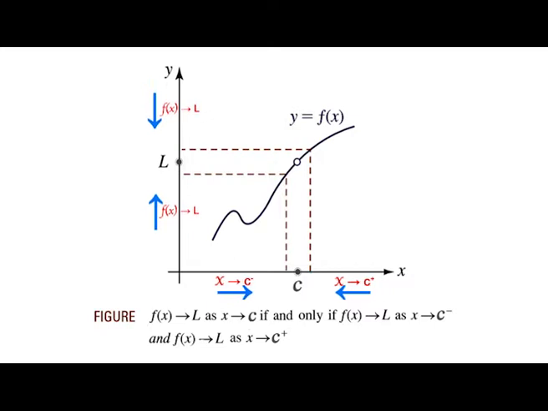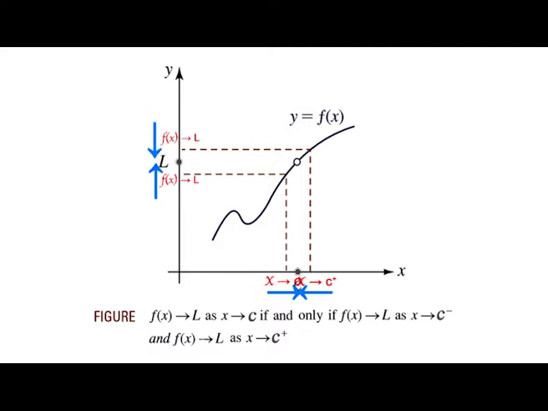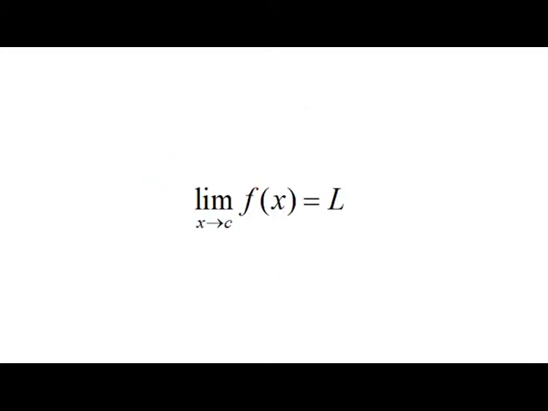If f of x can be made as close as we like to the number L by taking values of x sufficiently close to c but not equal to c from both the left and right sides of c, then we write limit of f of x as x approaches c is L, which is read limit or two-sided limit of f of x as x approaches c is L, or f of x approaches L as x approaches c.